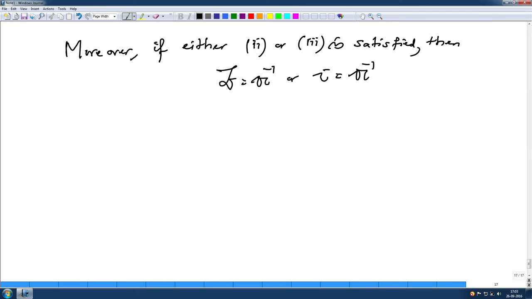What this means is, if 2 is satisfied, B is the inverse of A; if 3 is satisfied, C is the inverse of A. And the proof is very simple.